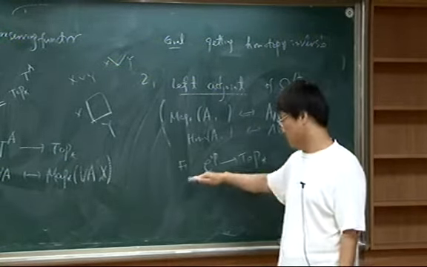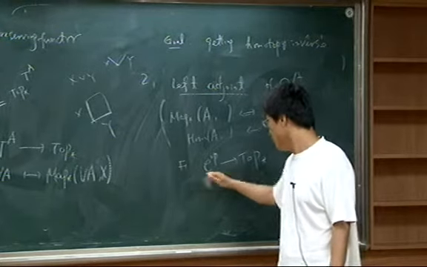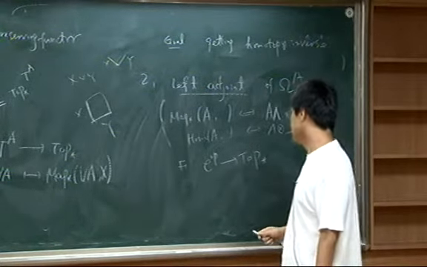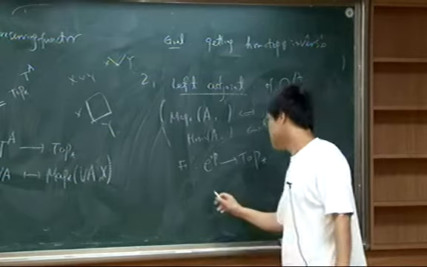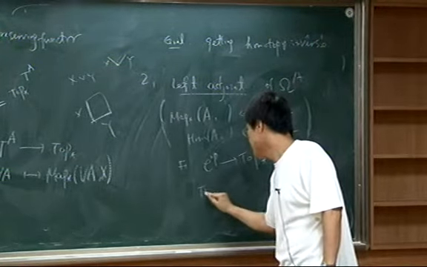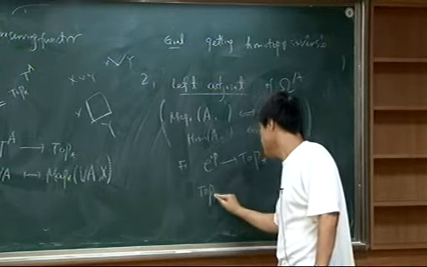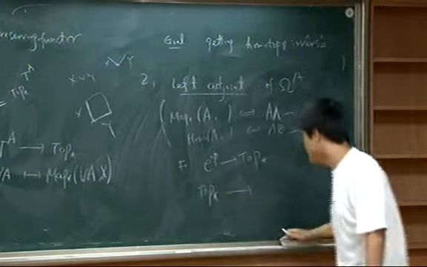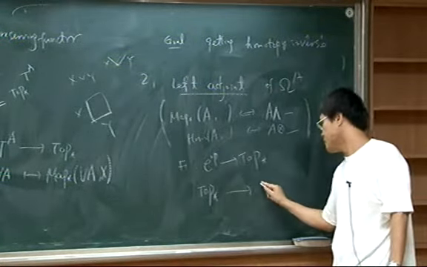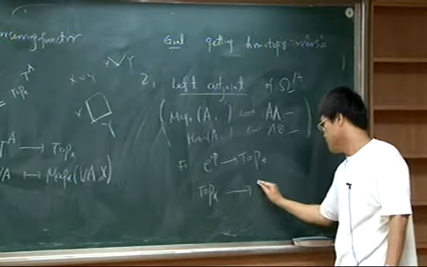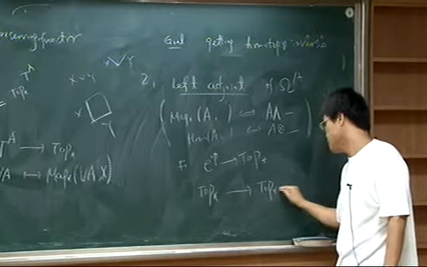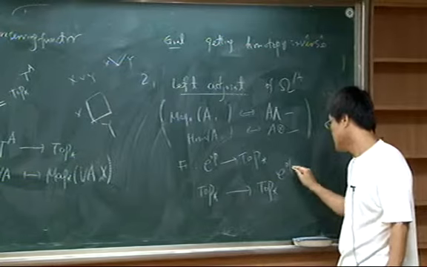Then this will give us functors from the project space to C.